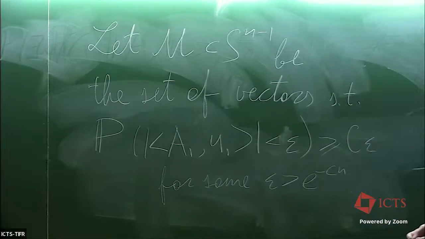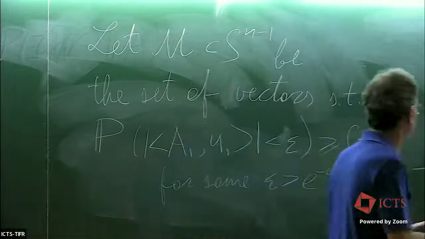Then we have a two-step program. First, characterize M: we want to have some good description of this M, or at least a good description of a set which contains M. And we believe that this set is small.